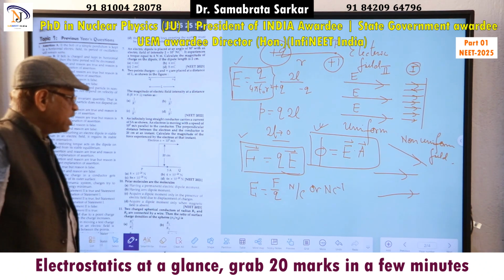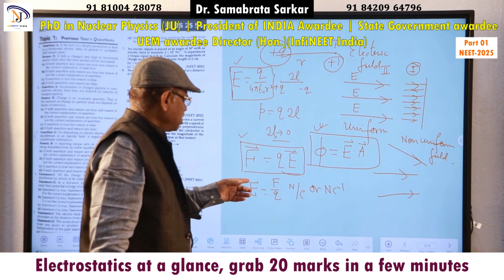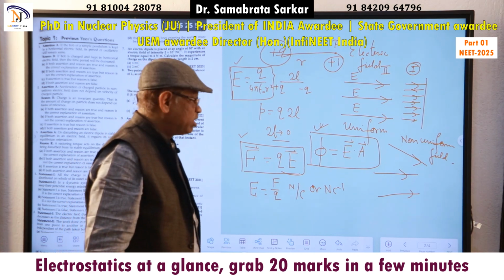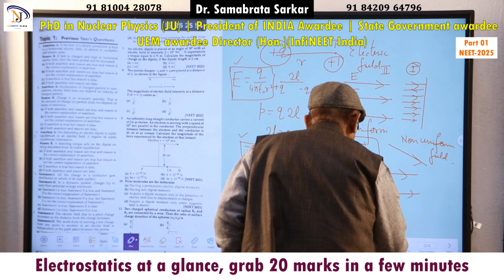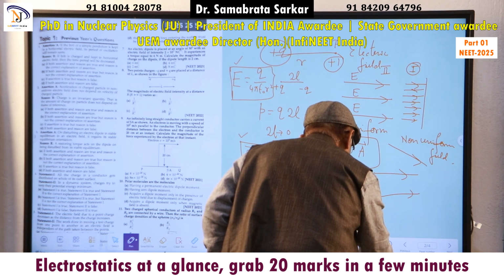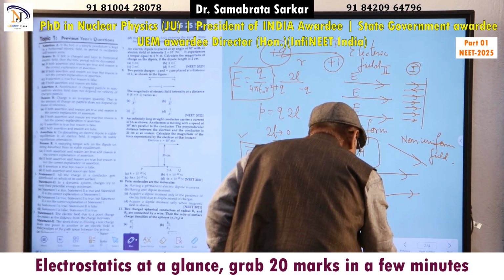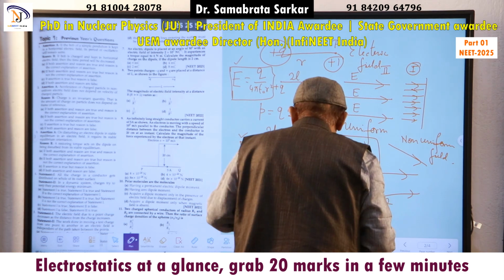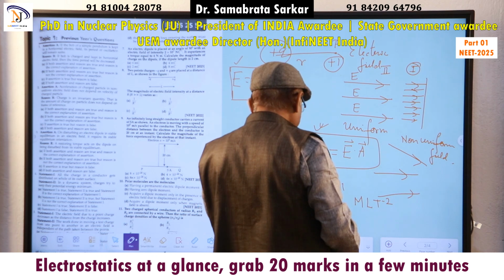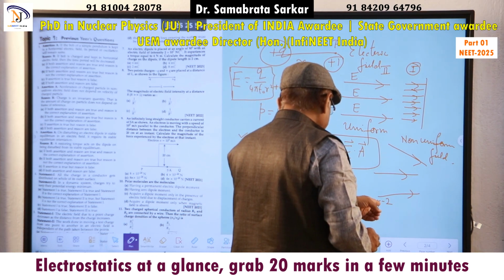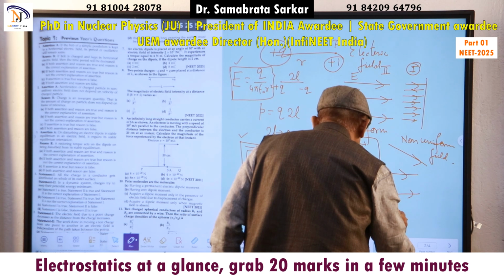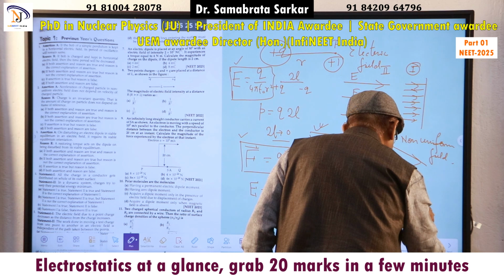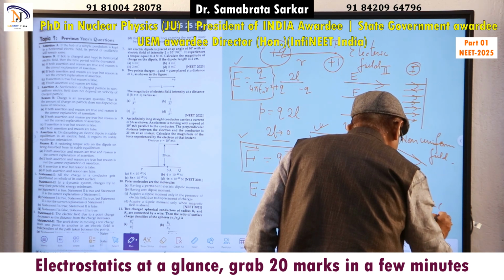Now I will tell you the relation. This is a force. What is the dimension? You can find the dimension. Newton means mass into acceleration. Acceleration means L T to the power -2, so M L T to the power -2 divided by C, that means M L T to the power -2 C to the power -1.